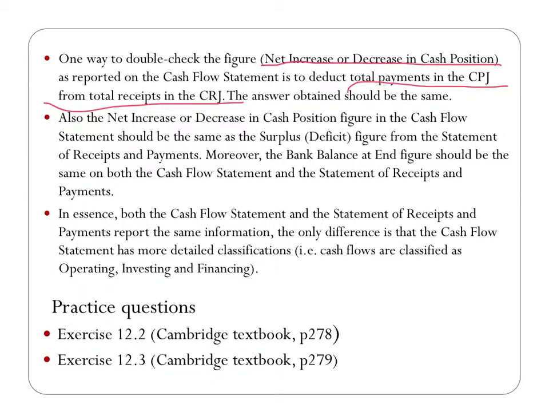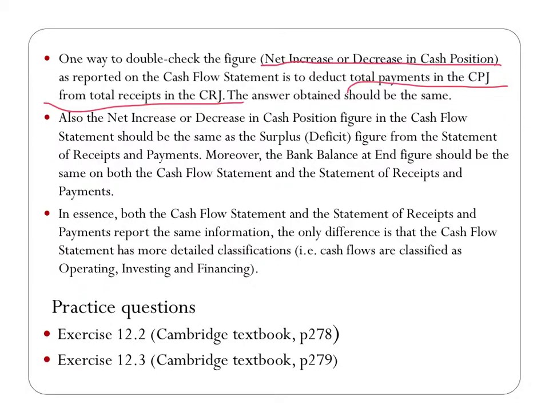And also the net increase or decrease in cash position figure in the cash flow statement should be the same as the surplus or deficit figure from the statement of receipts and payments. All right, and the bank balance at the end should be the same on both the cash flow statement and the statement of receipts and payments.